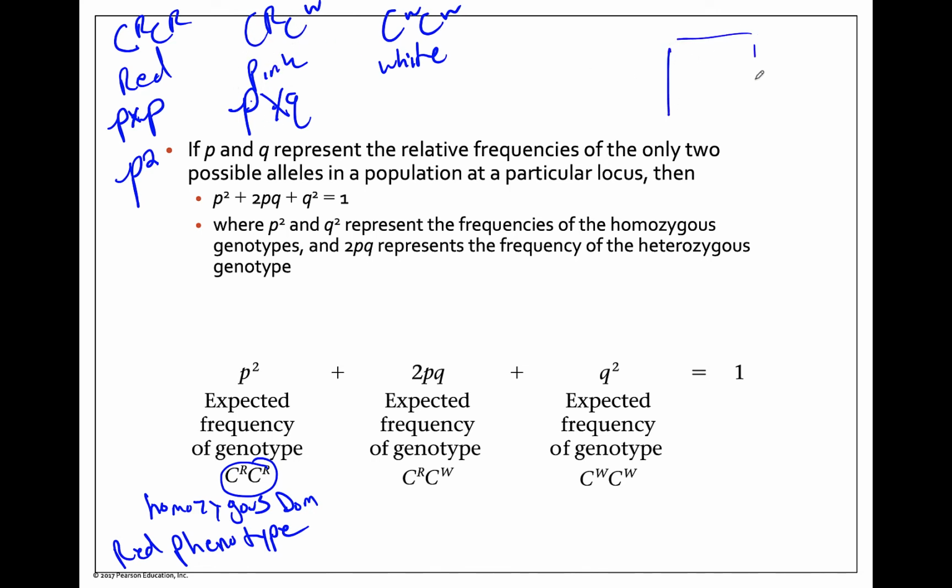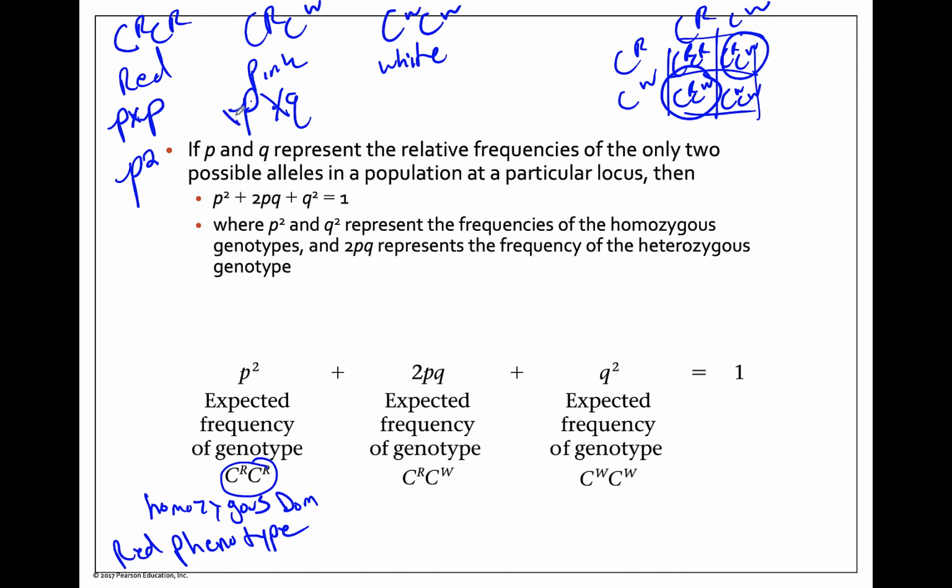So if you think about the Punnett square, where we cross CR-CW, CR-CW, there's 1, 2 spaces where we get CR-CW.